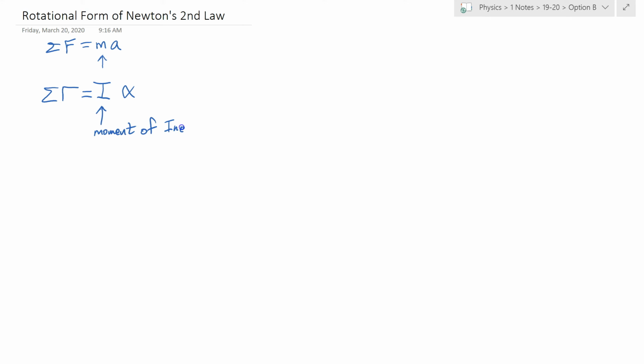And we're going to come back to this, but basically it depends on mass and the location of that mass relative to an axis. So an object can have different moments of inertia depending on what axis you're trying to rotate it around.